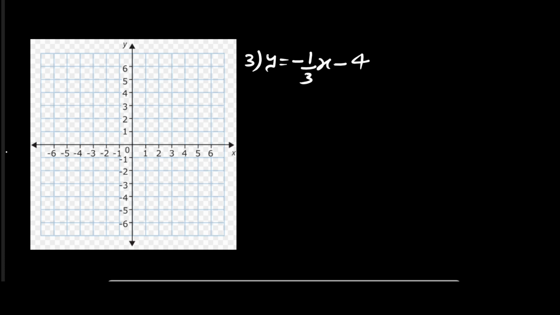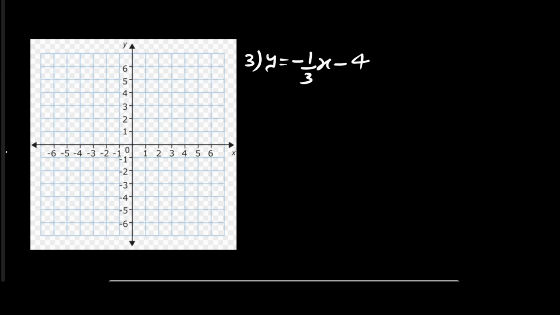So moving to the next examples, where the equations are given in slope-intercept form. To graph an equation in slope-intercept form, the easiest method is to use the y-intercept and slope.